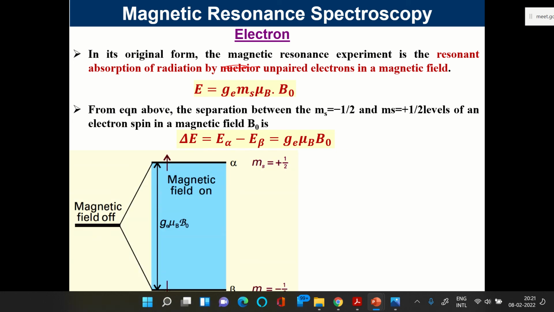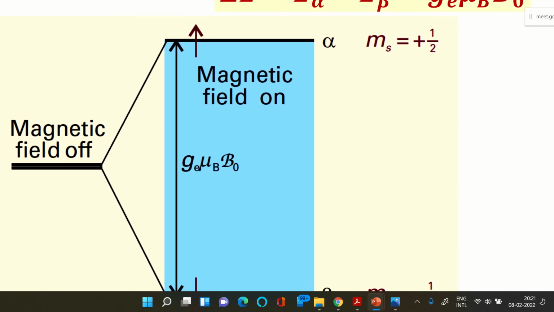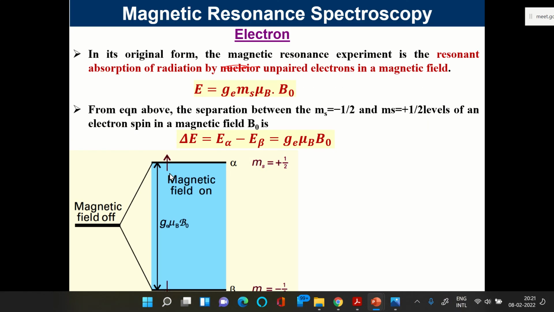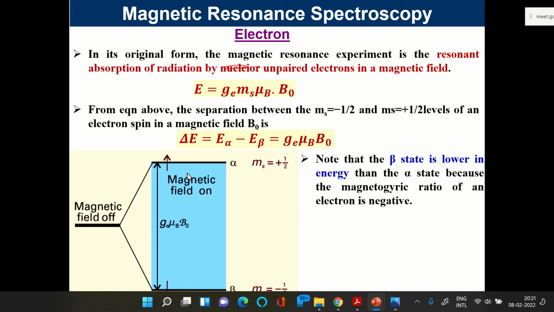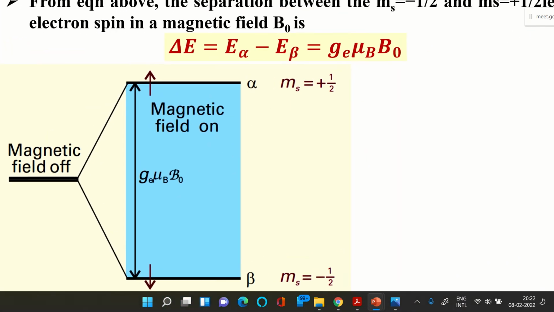So if you have an electron, the plus half spin is lying higher in energy, and the minus half... just a moment, let me zoom in a bit. Yes, look like this.